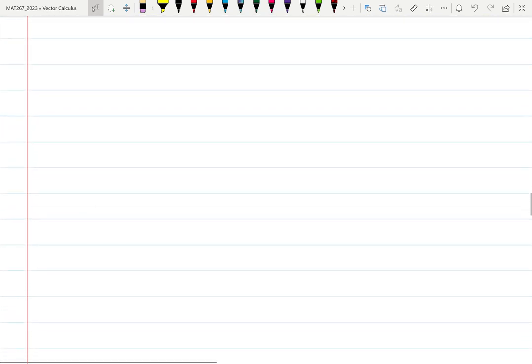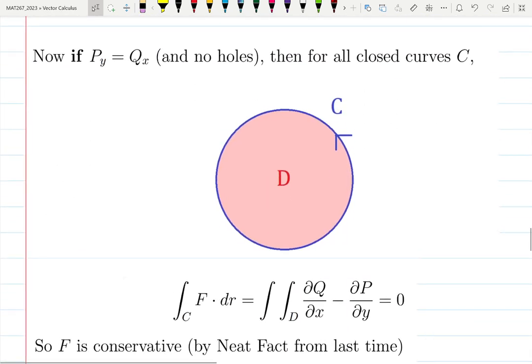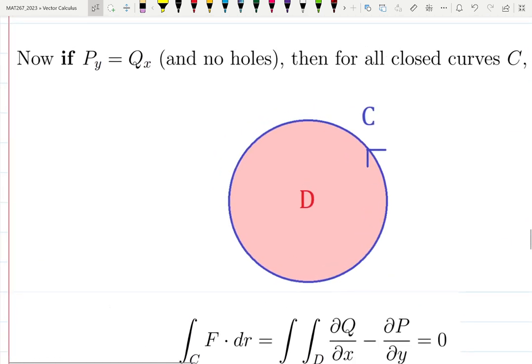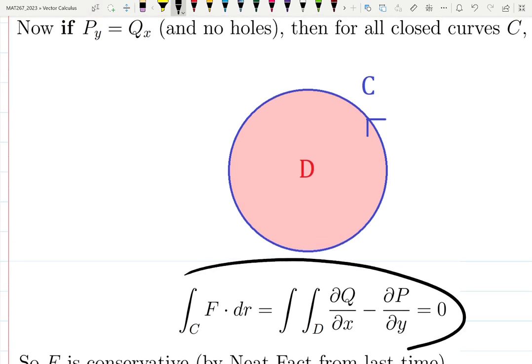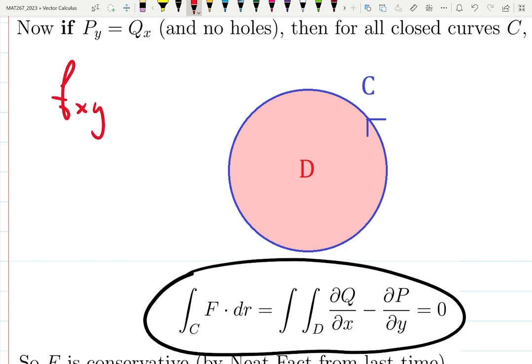So let me first tell you again. If P with respect to y equals Q with respect to x, and there are no holes inside of that D, then for all closed curves, this whole formula gives you 0. So Green's theorem gives you 0 for conservative fields. This is the idea that we had before, remember? xy equals yx. So they all kind of keep this idea.